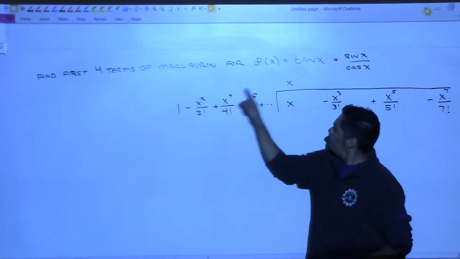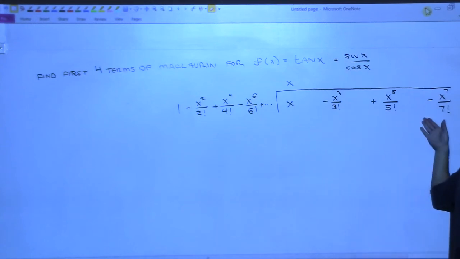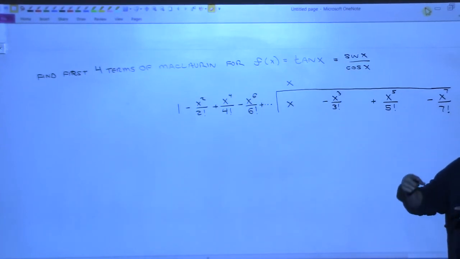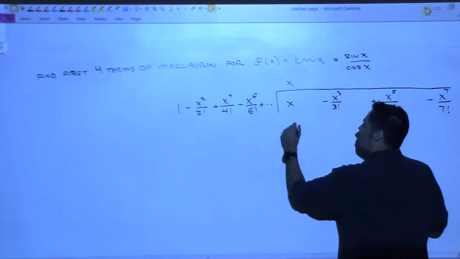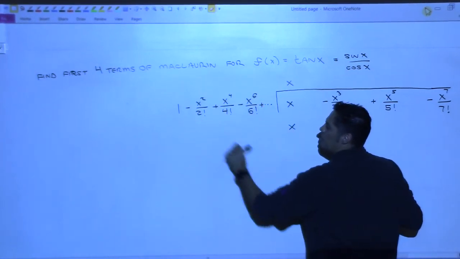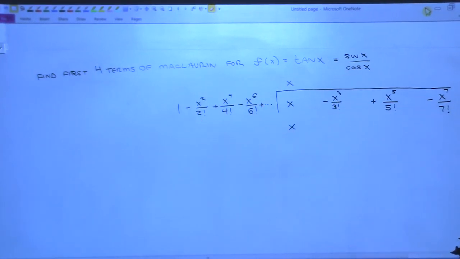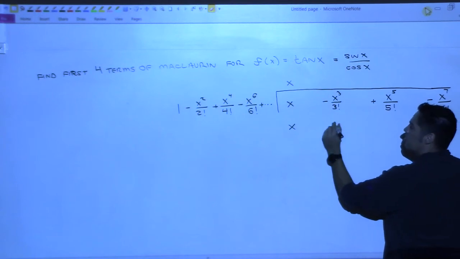Multiply it times here, here, here, here, and put those terms underneath. Then we'll have to change the signs and add down. So when I do x times 1, I get x. Then x times this gives me negative x cubed over 2 factorial, which lines up with my x cubes.